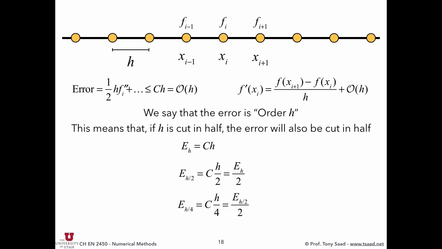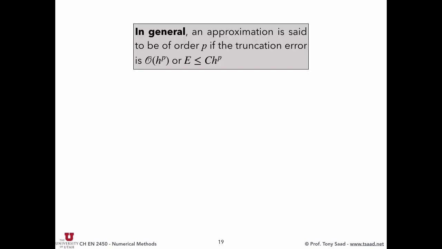Okay? Great. Now, in general, and we're going to see this shortly, an approximation is said to be of order p if the truncation error is less than or equal to a constant times h to the power p. So let me repeat. In general, an approximation is said to be of order p.